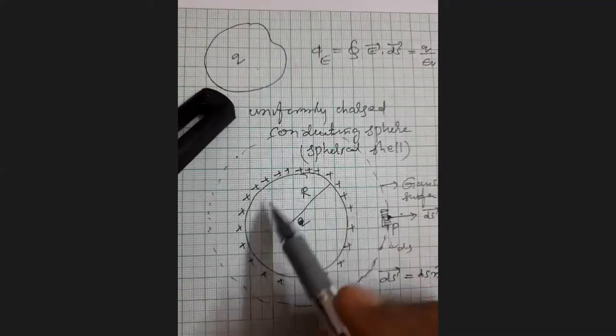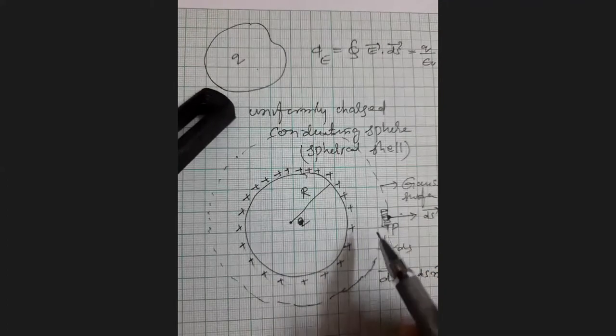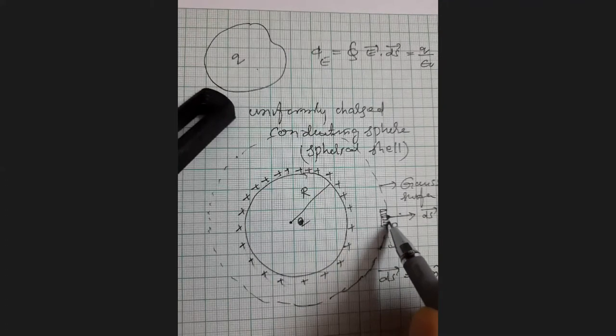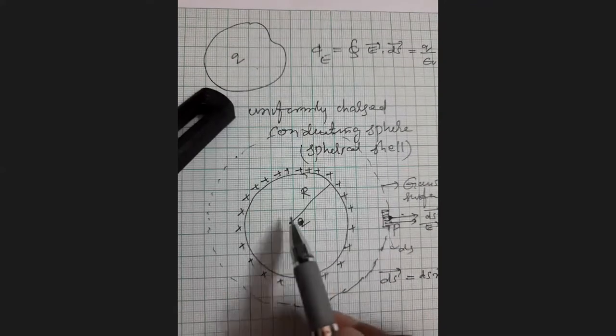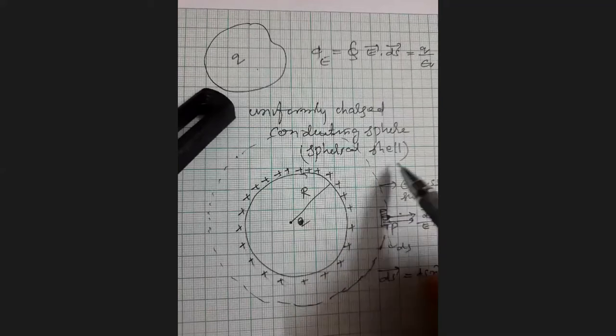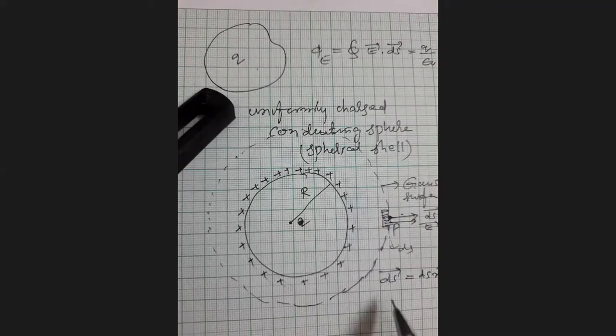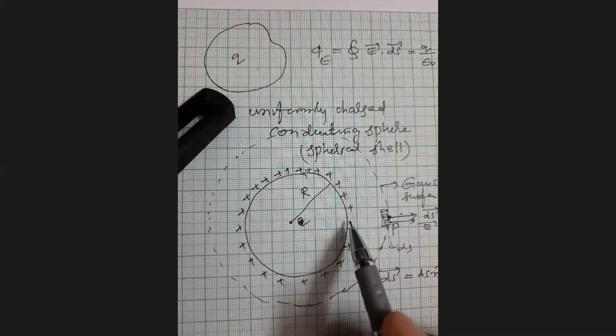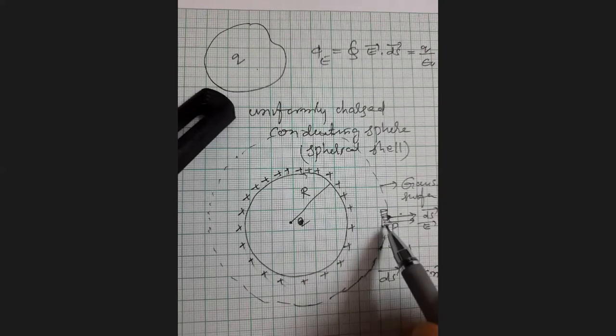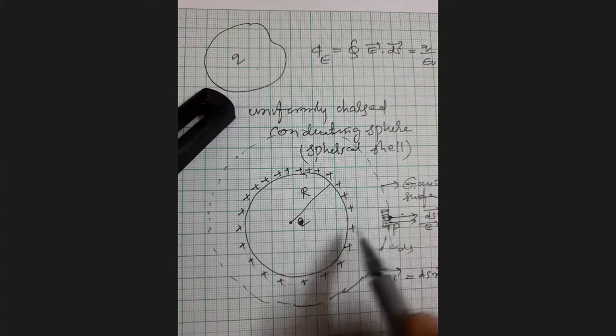Due to the symmetry, here the electric field strength E bar is always perpendicular to the surface. Electric field lines of force are always perpendicular to the surface. Therefore, at any point, the direction of field strength is perpendicular to the spherical surface, radially outwards.